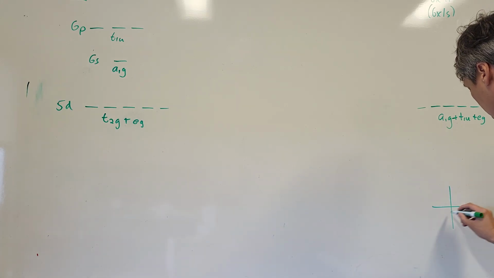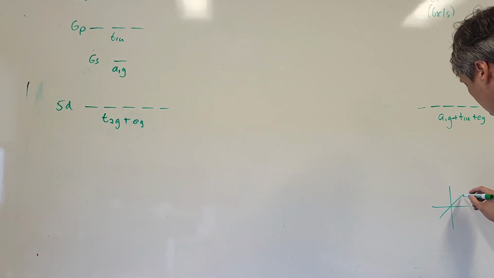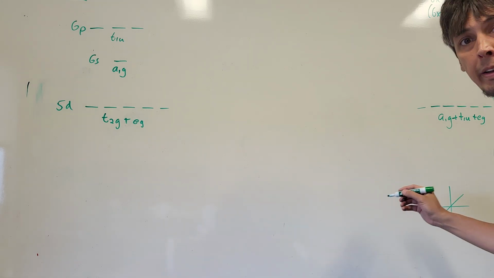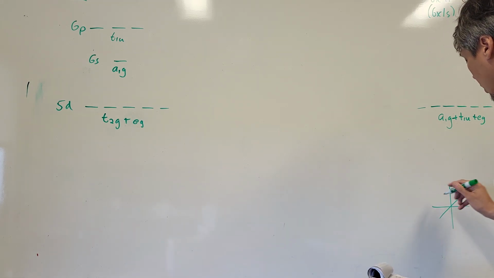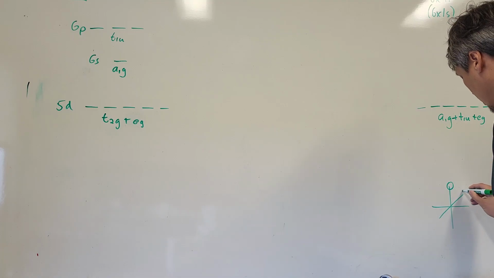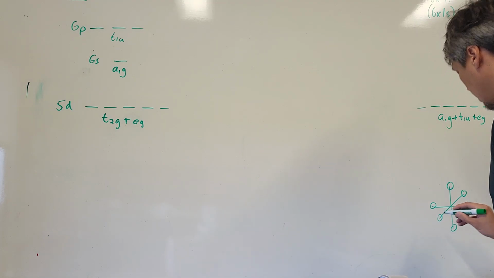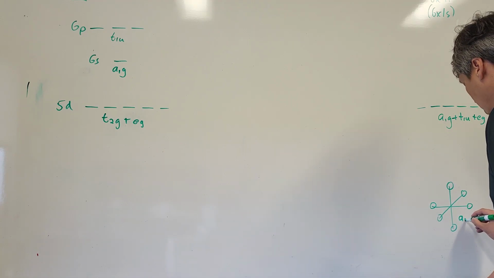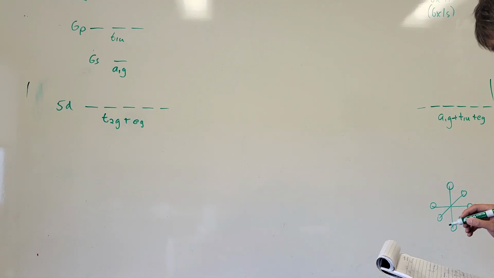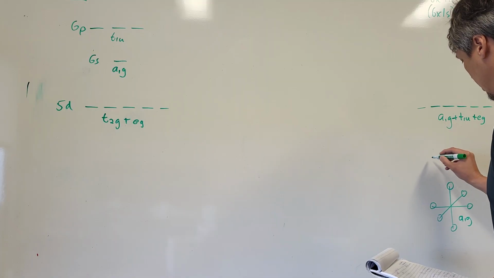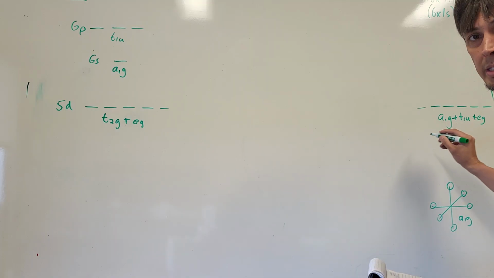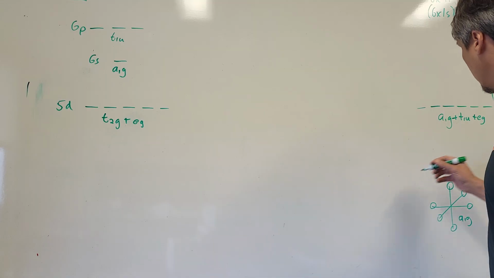So that we can take a look at what these look like, this is our octahedral, and the ligands are coming in on the coordinate axes here. We have 1s orbitals at each of the ends of each of the coordinate axes. This is your A1g. The T1u, the T is going to indicate that this is triply degenerate.